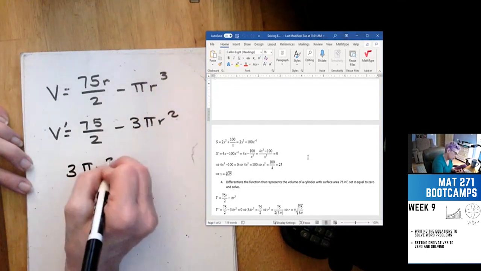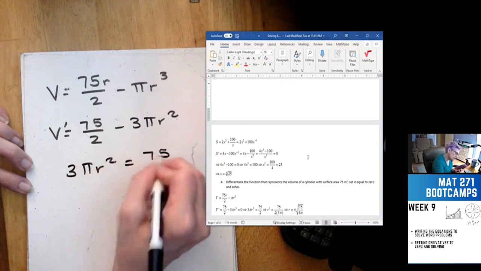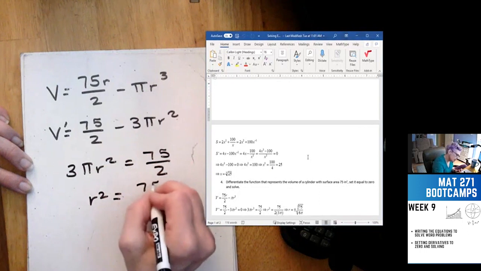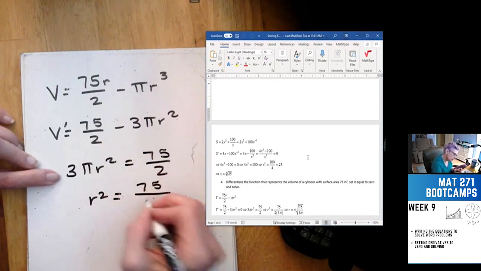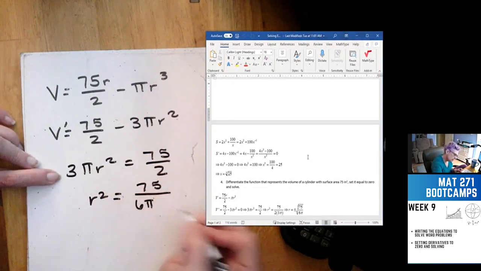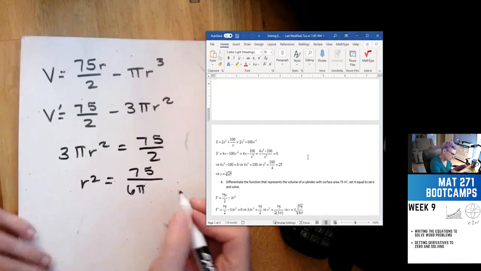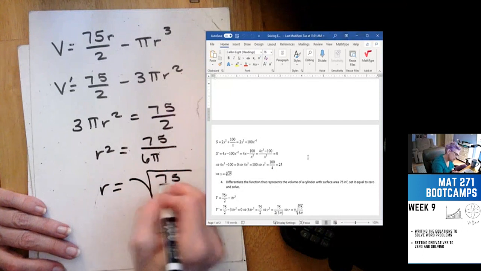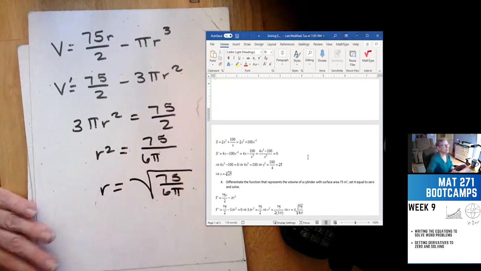3 pi r squared is equal to 75 over 2. So r squared is equal to 75 over 6 pi. So the radius is equal to the square root of 75 over 6 pi.